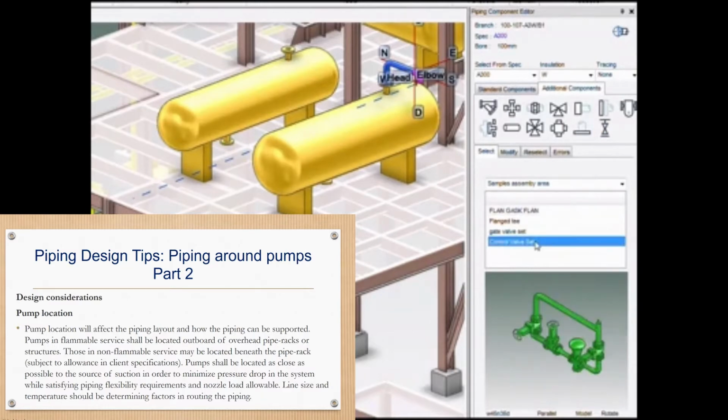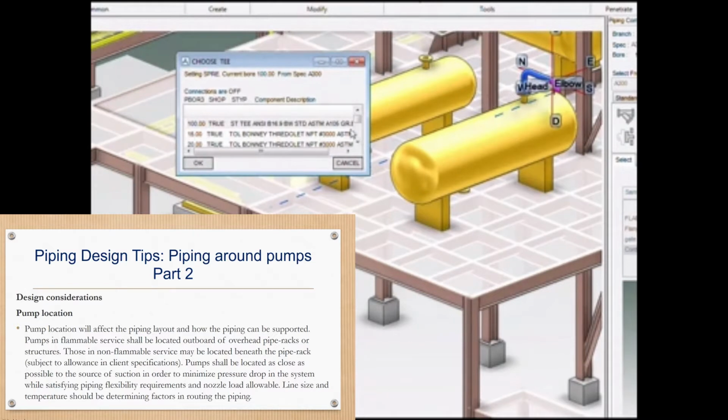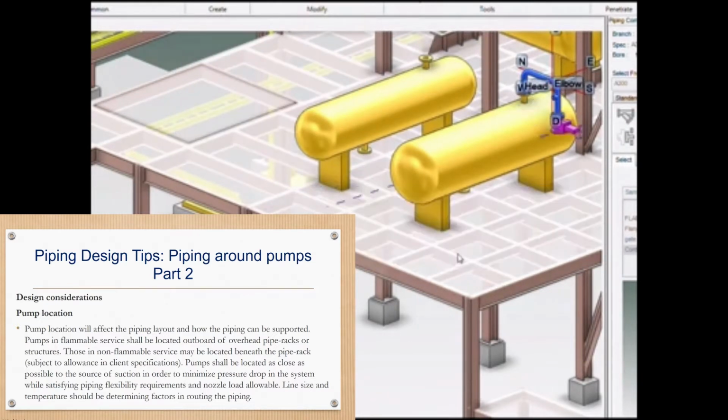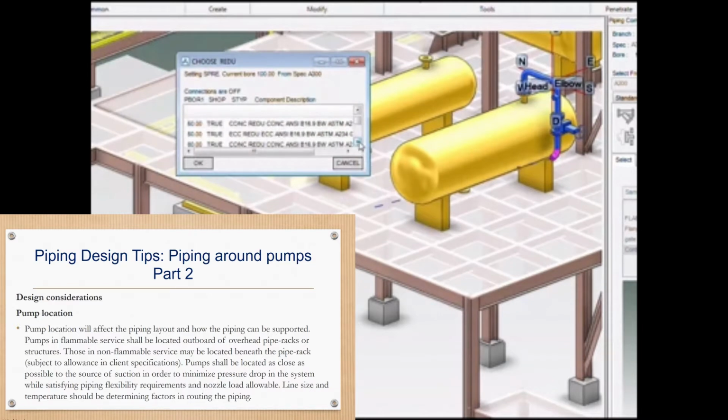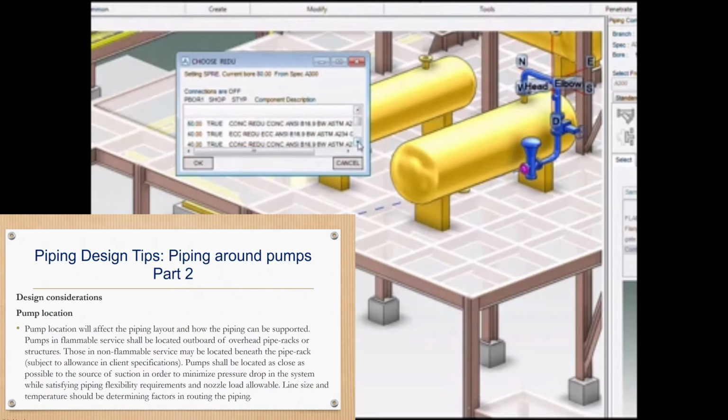Pumps shall be located as close as possible to the source of suction in order to minimize pressure drop in the system, while satisfying piping flexibility requirements and nozzle load allowables. Line size and temperature should be determining factors in routing the piping.